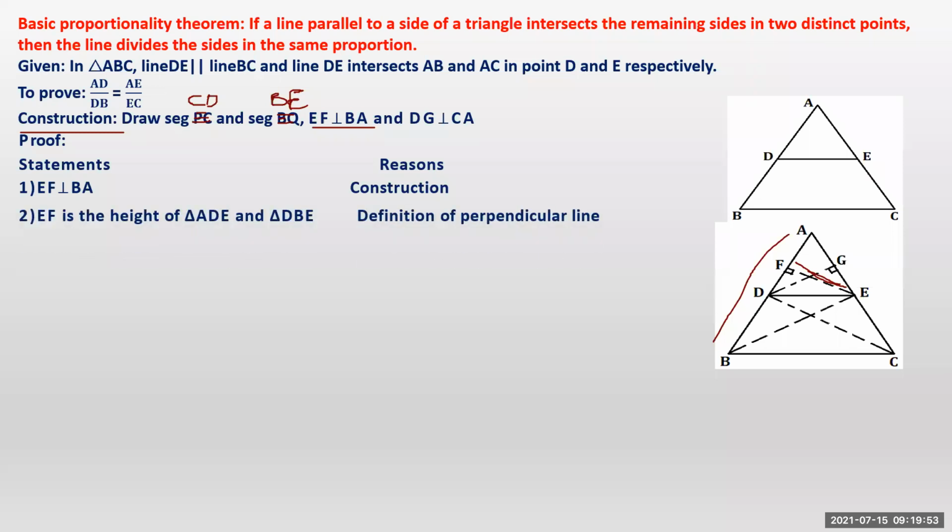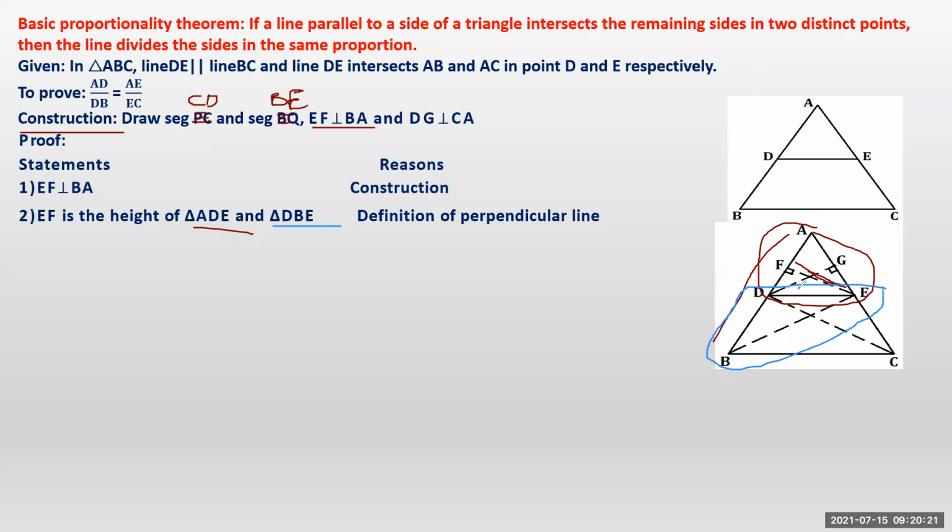And EF is the height of triangles ADE and DBE. Now, if you consider the two triangles, check, triangle ADE, and if you consider DBE, check, this triangle.